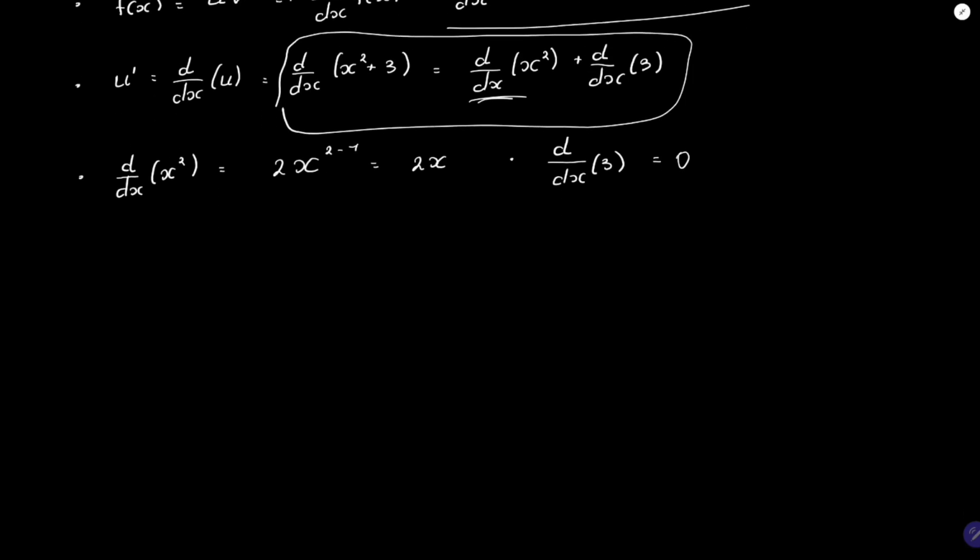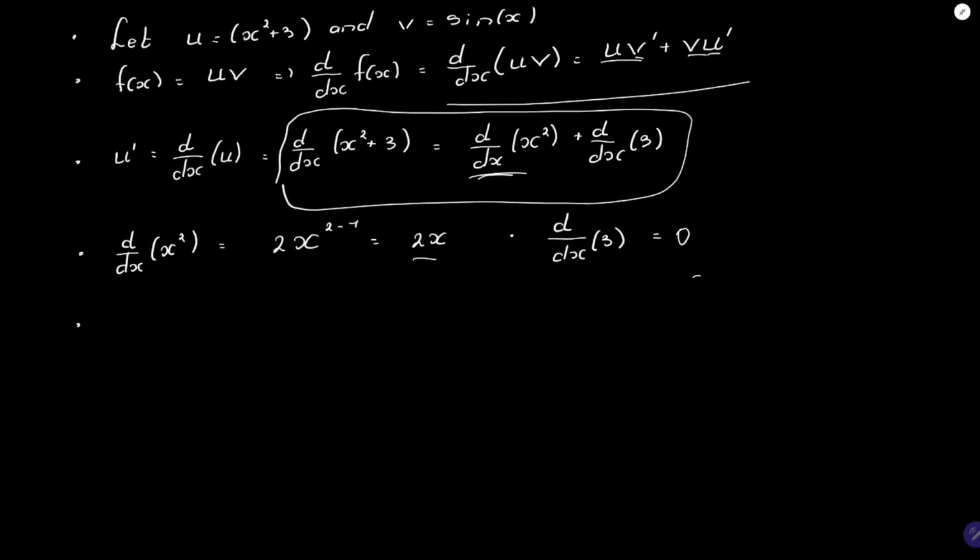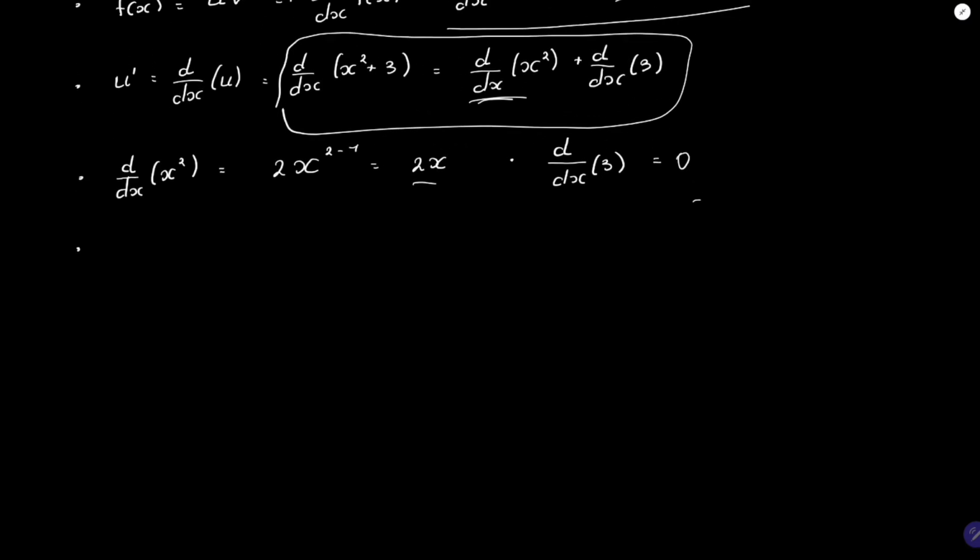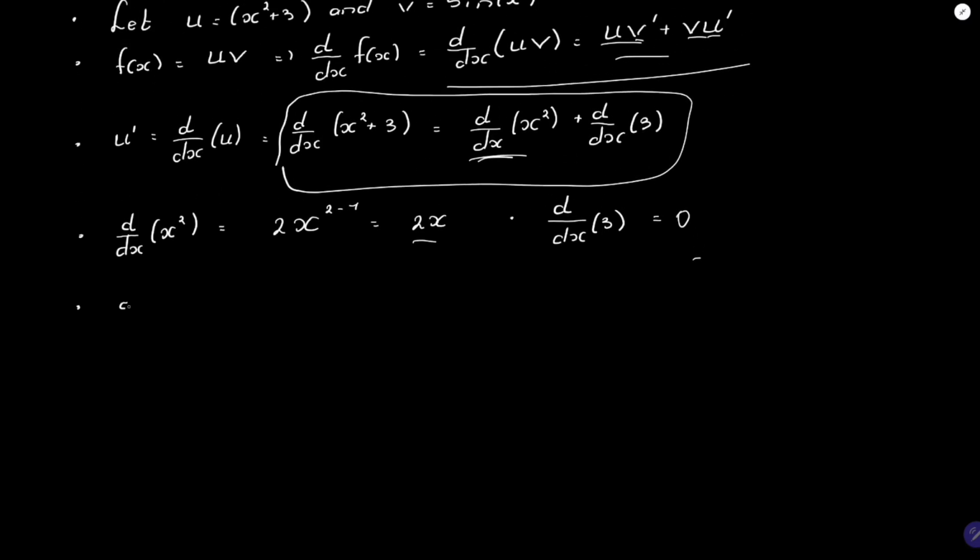So let's move on. Replacing these terms in our initial expression, the derivative with respect to x of uv is going to give us u. What is u? x squared plus 3, times dv. What is dv?